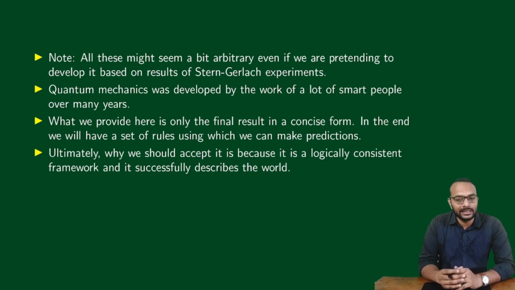Now, ultimately, the reason why we accept this mathematical framework is, one reason is that it's logically consistent. We are using mathematics, and logic is built into mathematics. So our mathematical framework will be logically consistent, and that's a good argument. But the most important argument is that it makes correct predictions about nature.